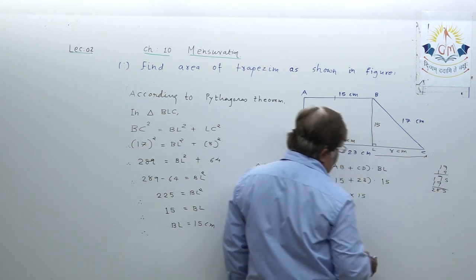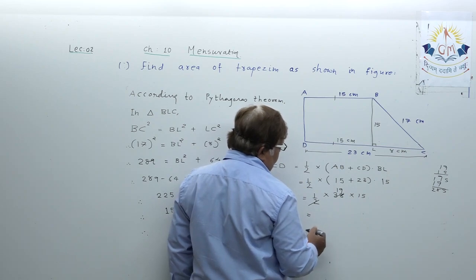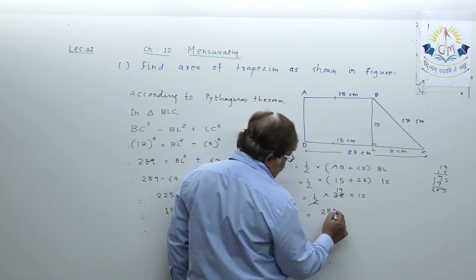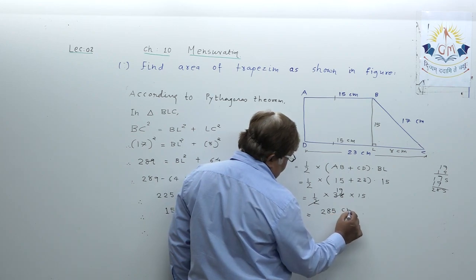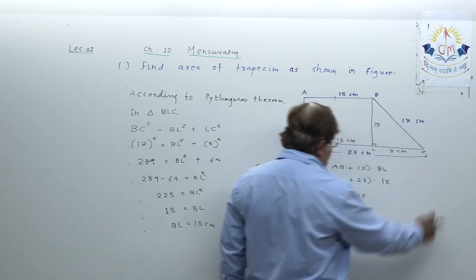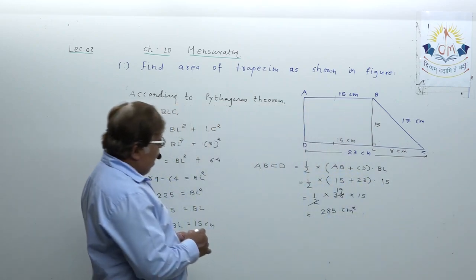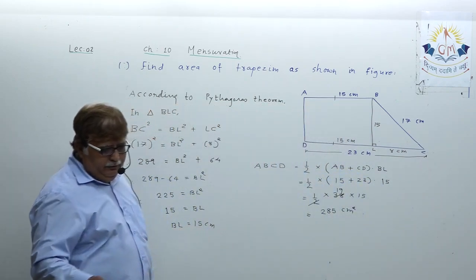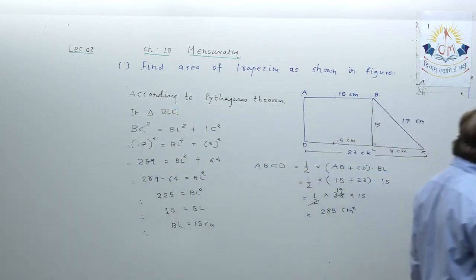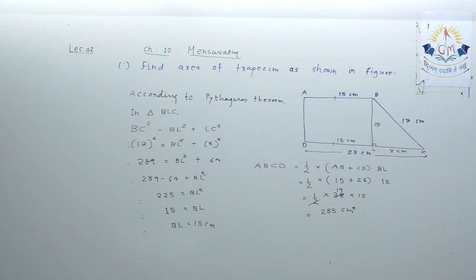And you got the final answer: 285 square centimeters. See, with the example you have already solved in your book, just verify the sum I have written here.